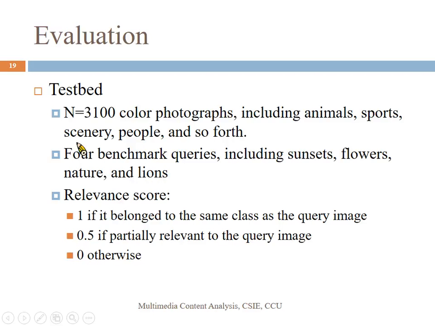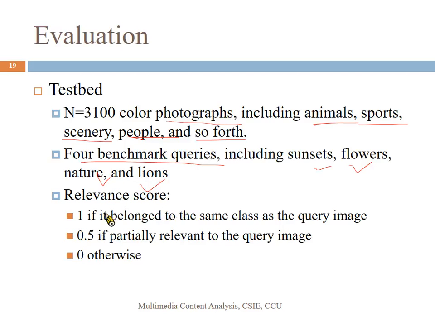To evaluate different distance metrics, here we construct a testbed. We have a total of 3,100 color photographs, including animal, sports, scenery, people, and so forth. And we take 4 benchmark queries, including sunset, flower, nature, and lion. And we will calculate the relevance score.